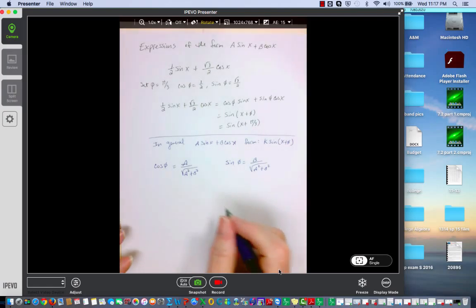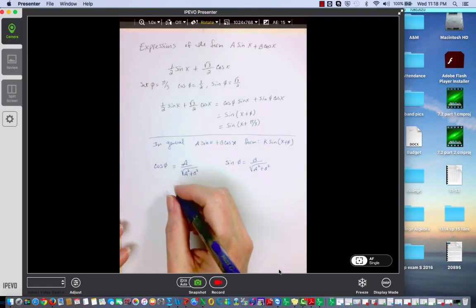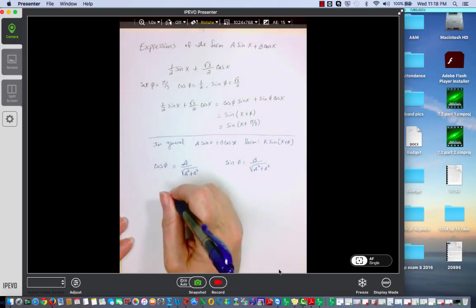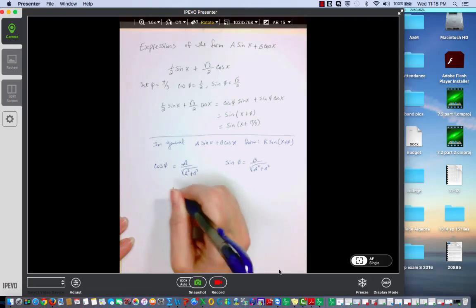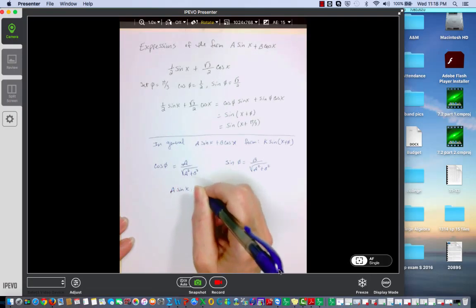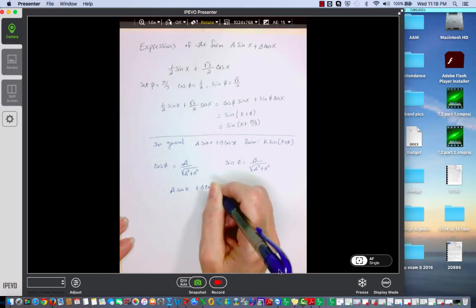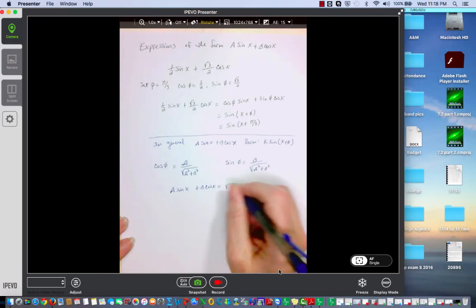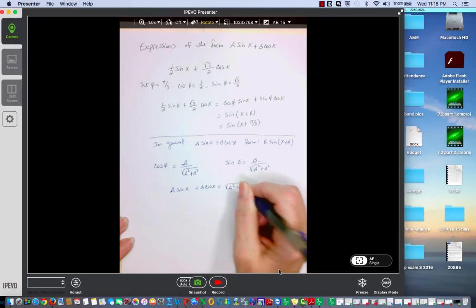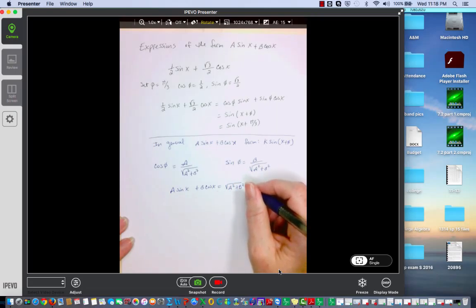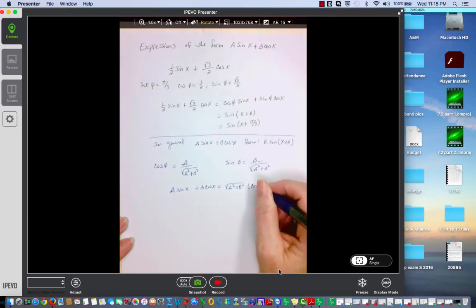And the formula would become: a times sine x plus b times cosine x would equal the square root of a squared plus b squared times the cosine of phi sine x plus sine of phi cosine x.